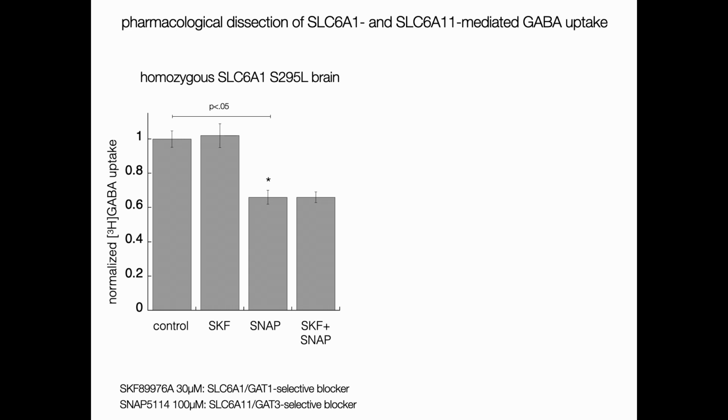In this experiment, we've taken brain tissue from homozygous mutant animals where there's no SLC6A1 activity, and that is confirmed because there's no effect of SKF on the uptake of GABA, since all the SLC6A1 transport is gone. But what's interesting is that when we apply the GAT3 blocker, SNAP, there's a pretty large effect.